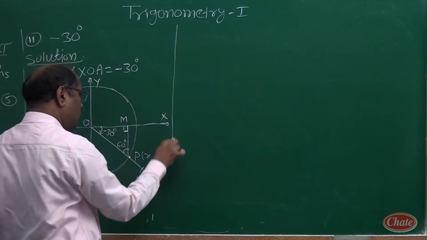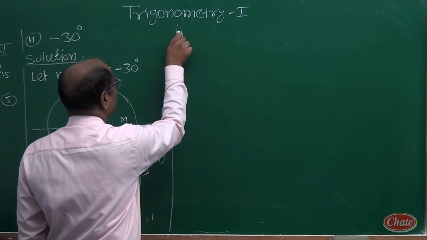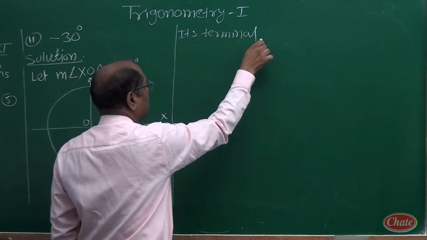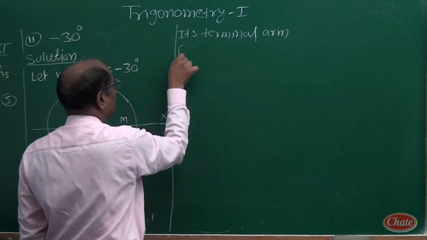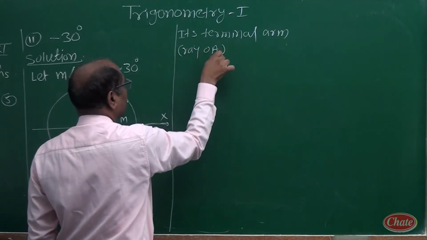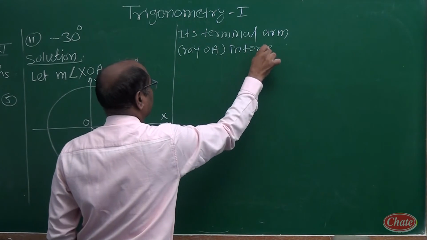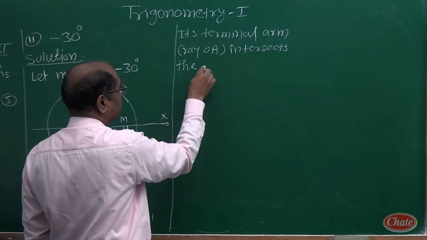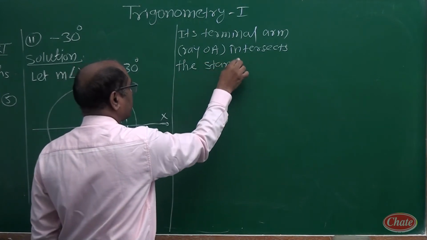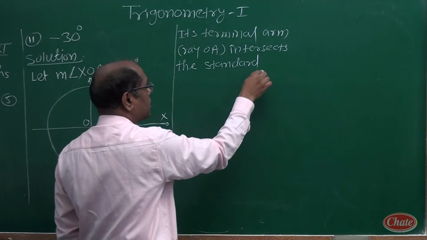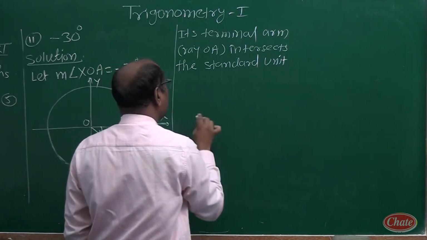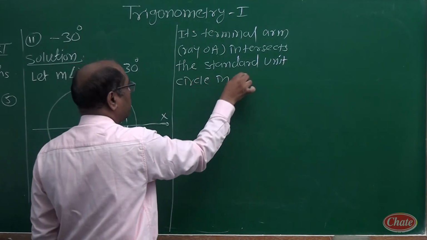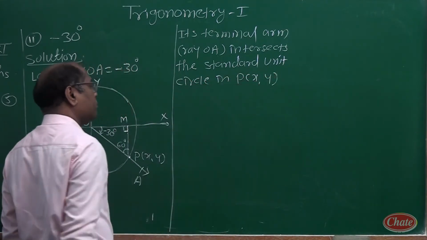So its terminal arm, that is ray OA, intersects the standard unit circle in the point P(x, y).